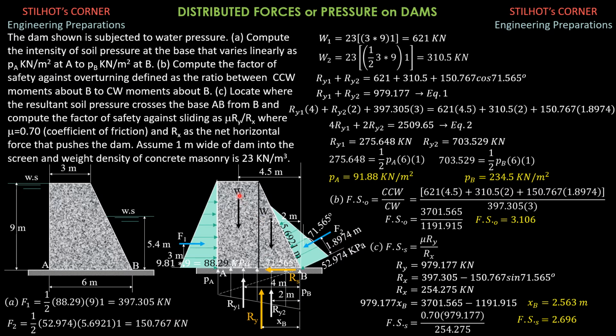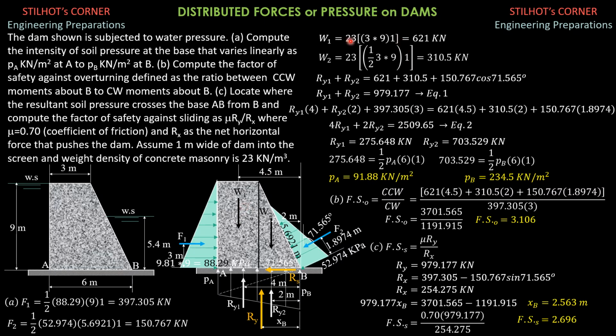To continue, we have to compute weight 1, which is specific weight or weight density of concrete masonry, which is 23 kilonewtons per cubic meter times volume. The volume of this cross-section of concrete masonry is base 3, height 9, then perpendicular to the screen 1 meter.